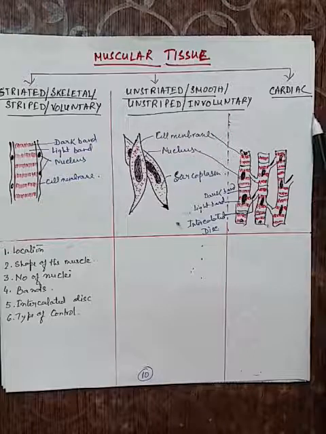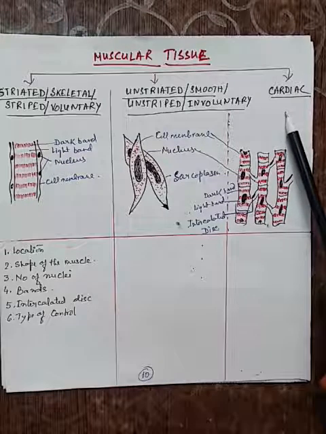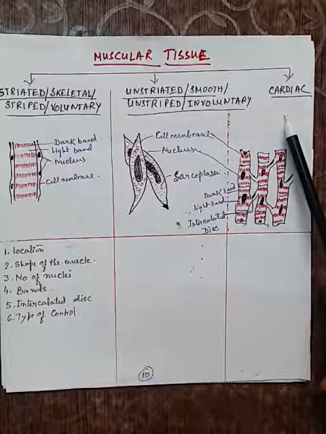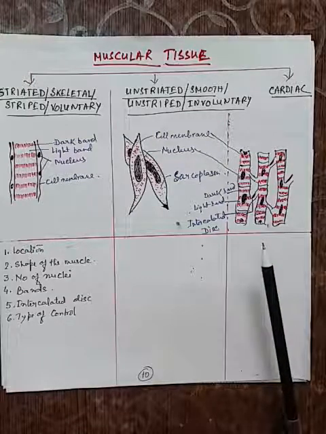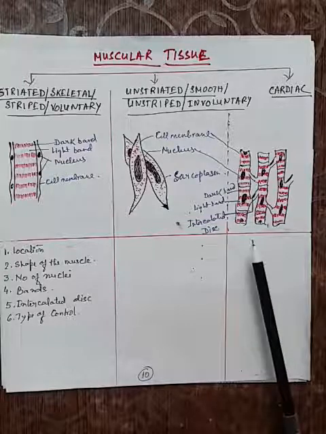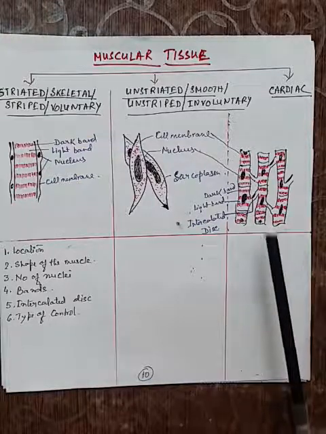Now the cardiac muscle, from the very term cardiac, means they are present within the heart. They have a special capacity, they never take rest. From the beginning till the end of our life, they contract and relax, and our heart is made up of this type of muscle. We cannot control them, so they are involuntary muscle, but they are having striations.